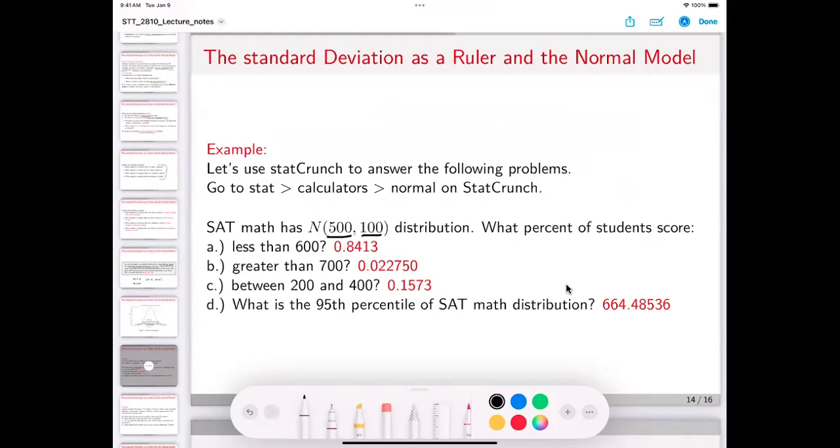So this first number is the mean, and then this is the standard deviation. And then we want to use StatCrunch to answer what percent of students score less than 600, greater than 700, and so on. So what I want you to do is open StatCrunch, go to Stats, Calculators, and then click on Normal. So let's try to do that.